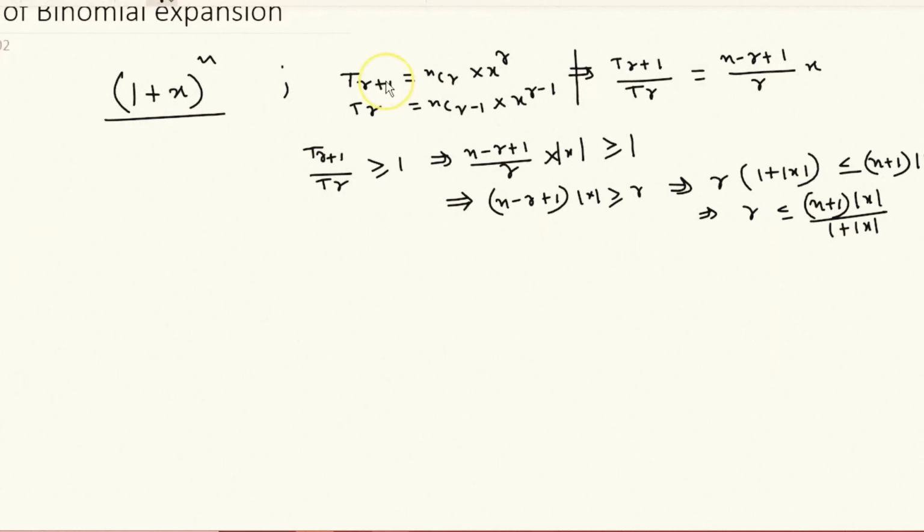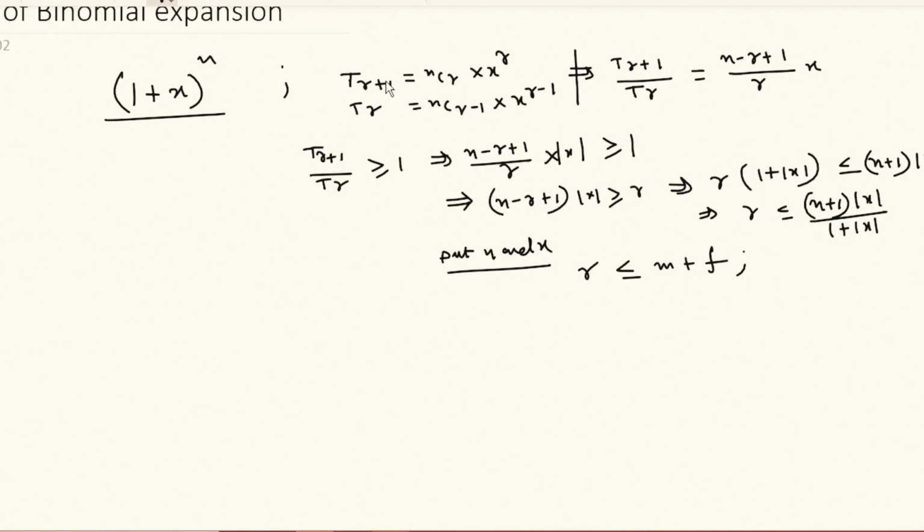Okay. Now this may be an integer, or this may be an integer plus a fraction. By substituting n and x over there, suppose you are getting r less than or equal to m plus f.